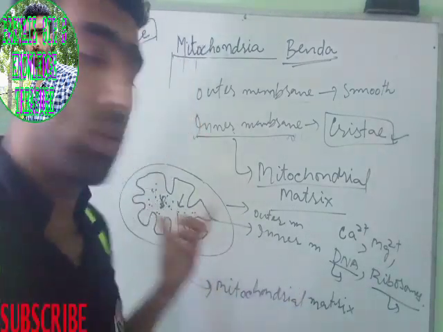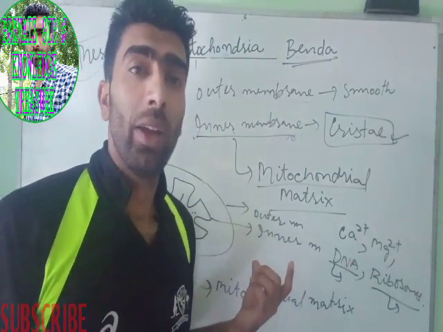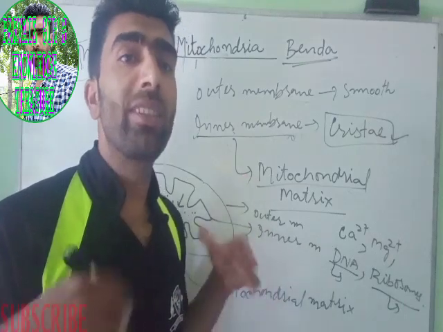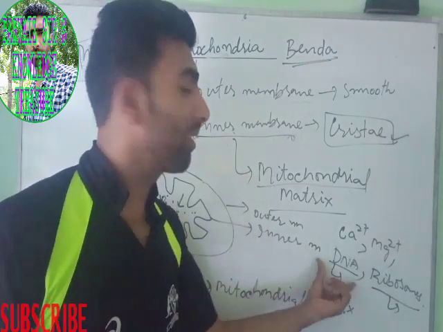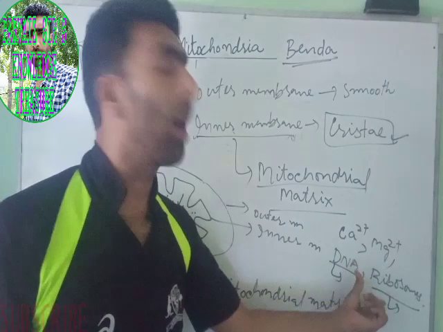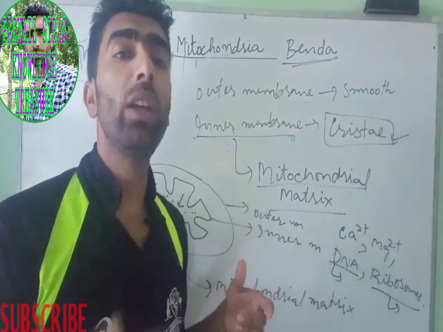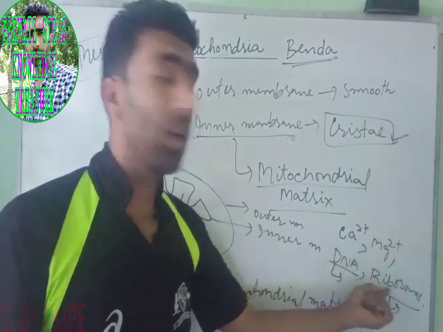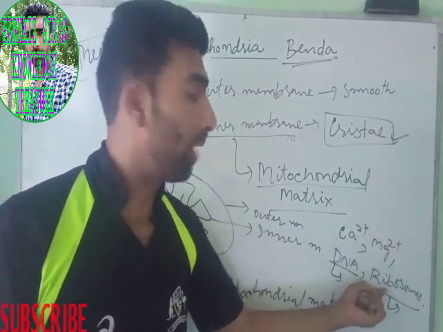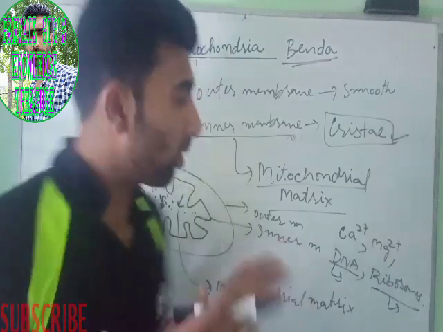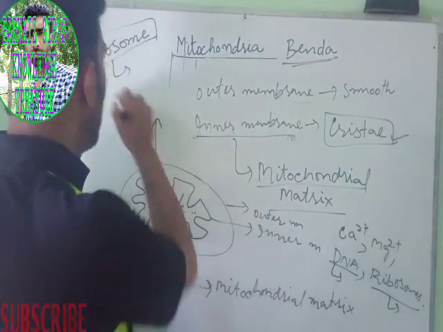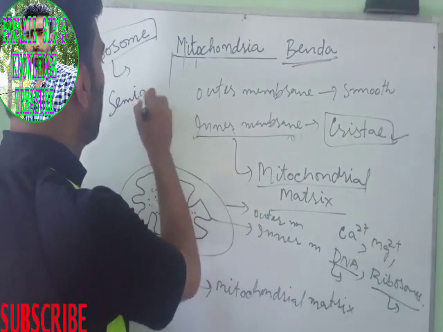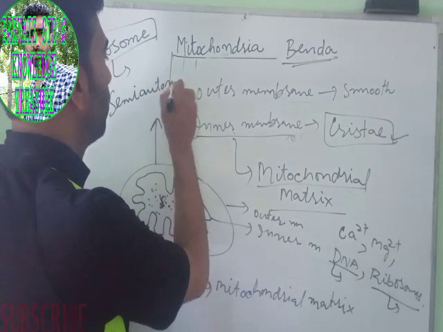That is, mitochondria can replicate by itself because it has DNA. And it can make proteins for its needs because it also has ribosomes. That's why mitochondria is called semi-autonomous.